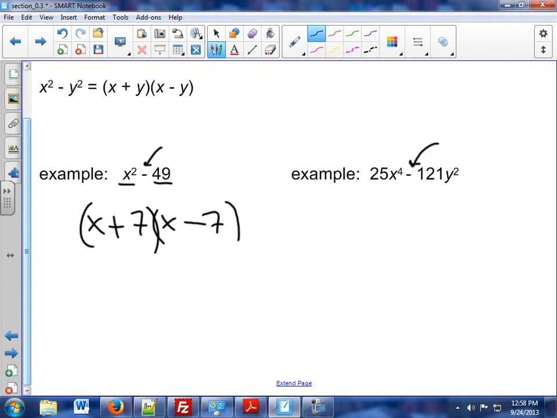If the exponents are even, they're perfect squares. So I can put a plus, minus. What's going to go here? 5x squared. What's going to go here? Make sure you get the letters in there.